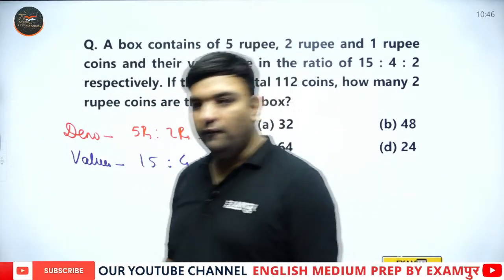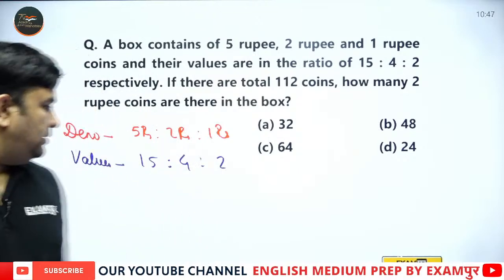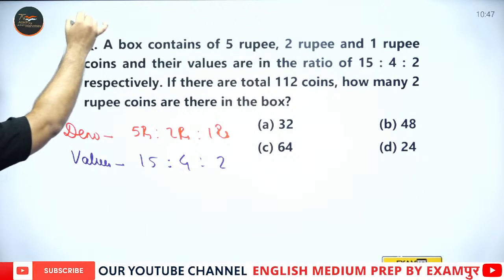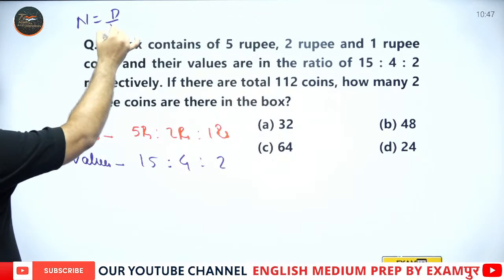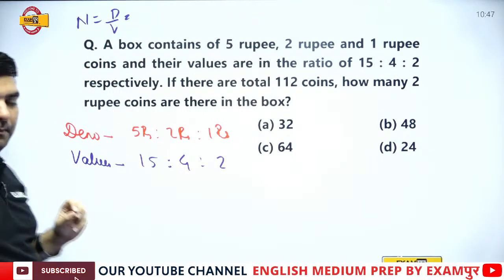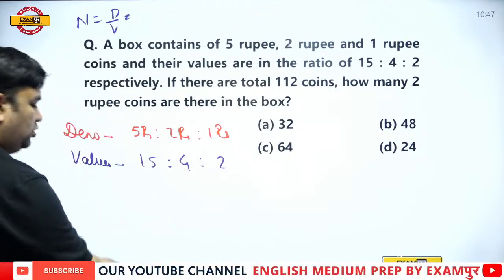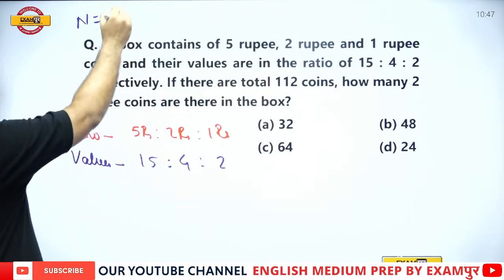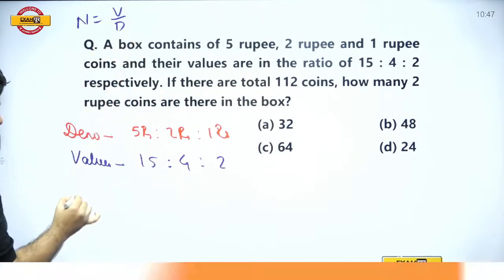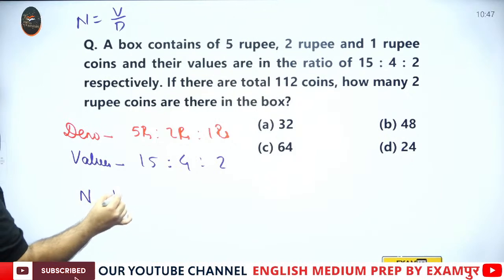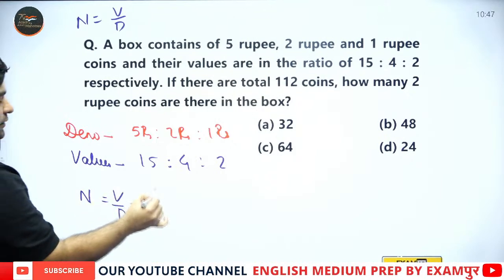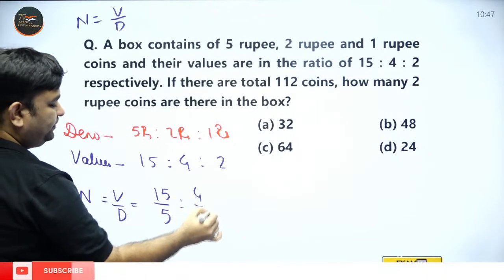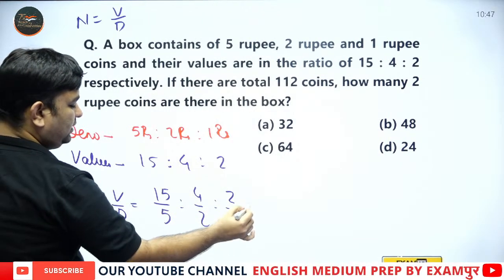What do we know? We know that if value ratio is known and denomination is known, then number can be found out by value upon denomination. V upon D. 15/5, 4/2, 2/1.